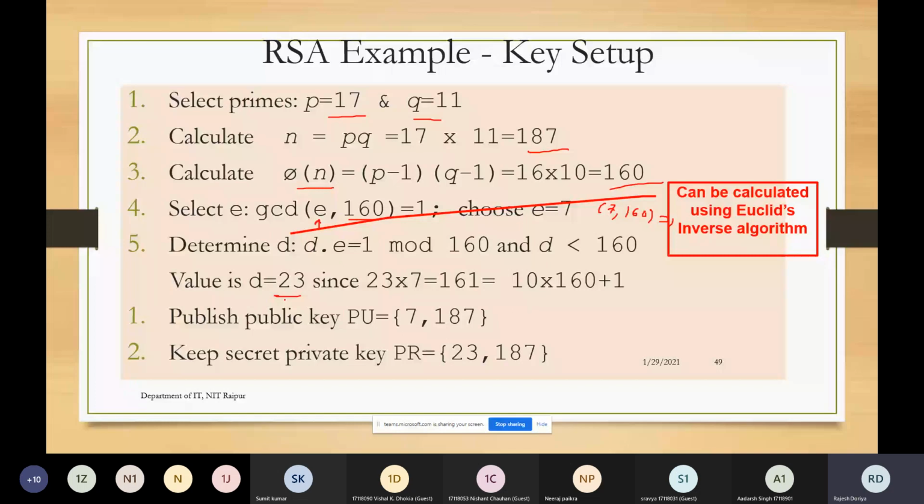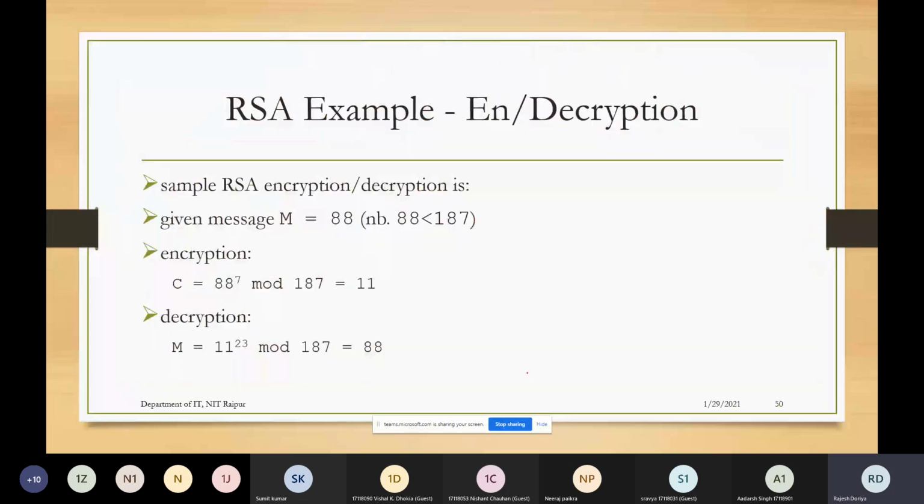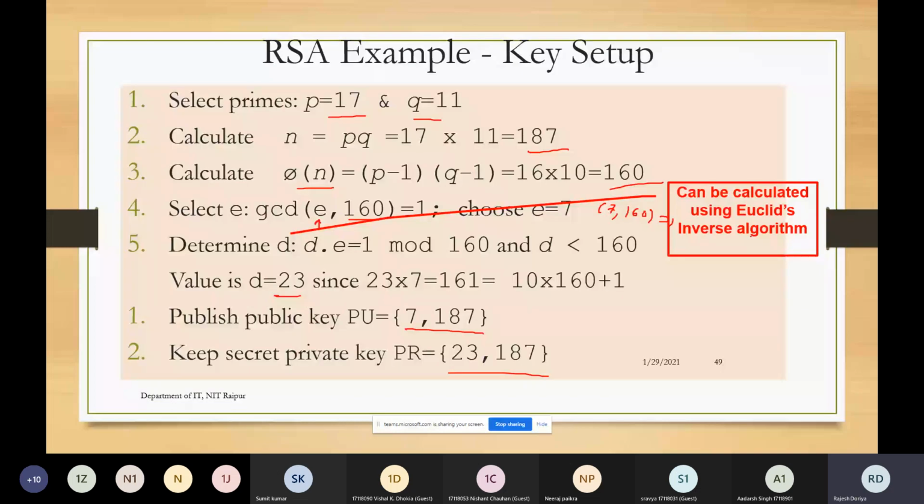So your public key can be 7,187 and the private key can be 23,187. This is how the keys are calculated in RSA. This inverse can be calculated using the Euclidean inverse algorithm. There is a standard algorithm with which you can calculate the inverse of any number.